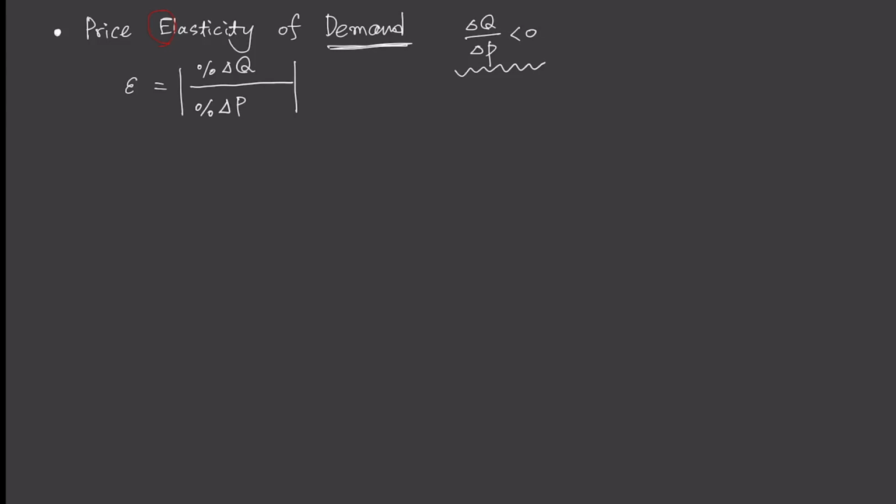We use the absolute value, or generally the negative of the percentage change in Q over the percentage change in P. Quantity demanded can be given the subscript D. That is the formula.